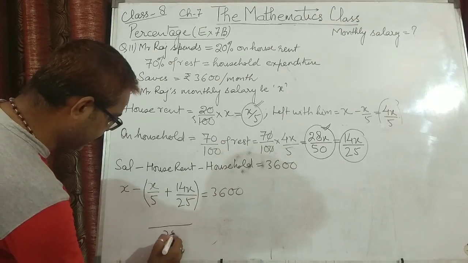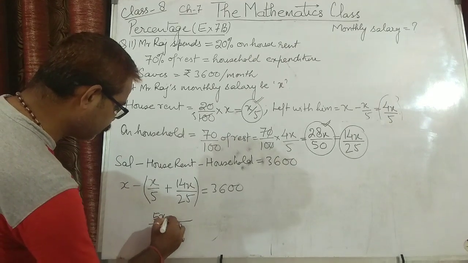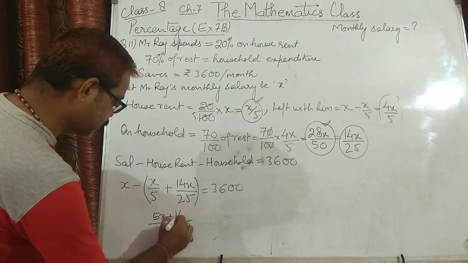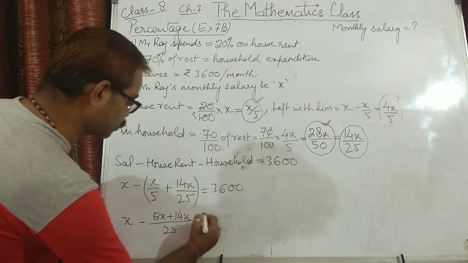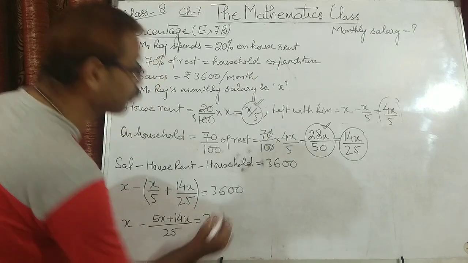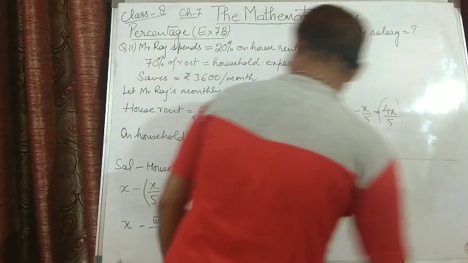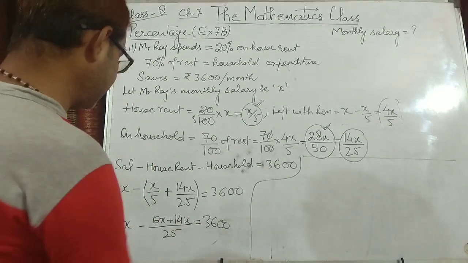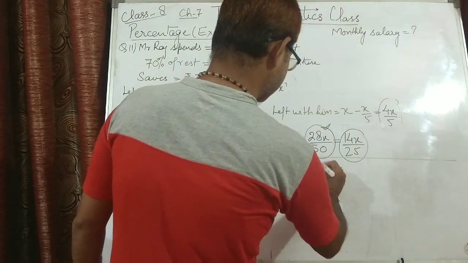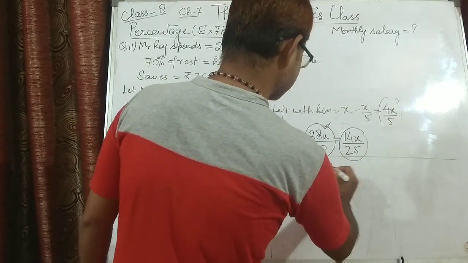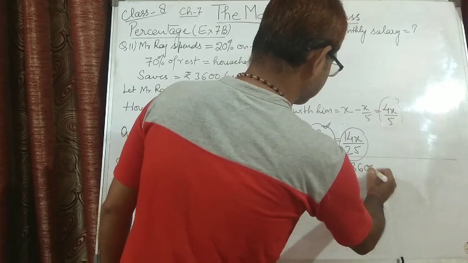LCM is 25. 5 5s are 25, 5x plus 14x. Now I am writing it over here. It is 5 and 14 is 19. So x minus 19x upon 25 is equal to 3600.